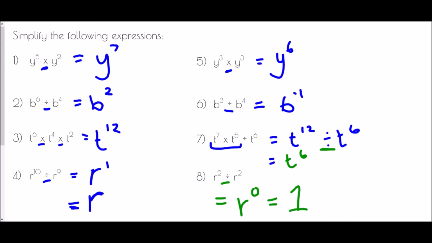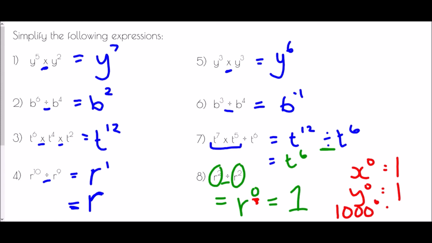And the reason for that is we've got r squared divided by r squared. We have something divided by itself. If you take anything and divide it by itself, you get 1, and so any value with a power of 0 will be 1. So x to the power of 0 is 1. y to the power of 0 is 1.